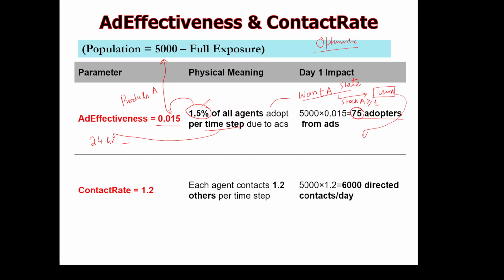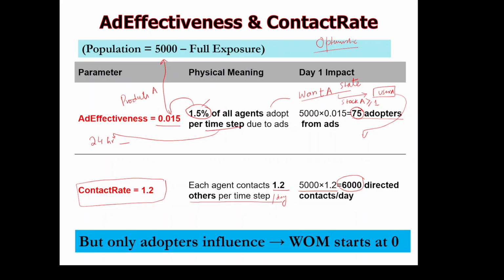Once they are in user A state they are going to contact other potential users, and this is defined by a contact rate. So one agent can contact 1.2 others per time step, that is per day. So if we have a population of 5,000, then 5,000 times 1.2, so 6,000 directed contacts per day are possible.